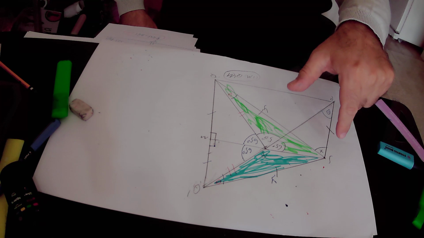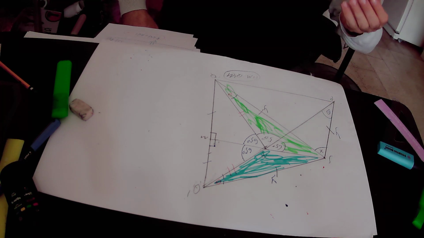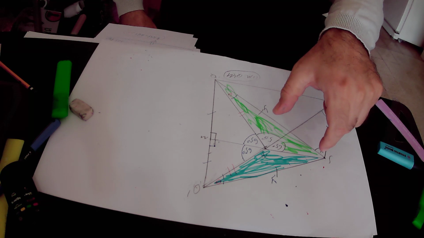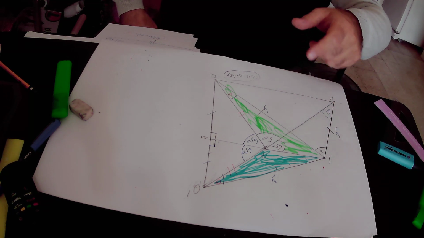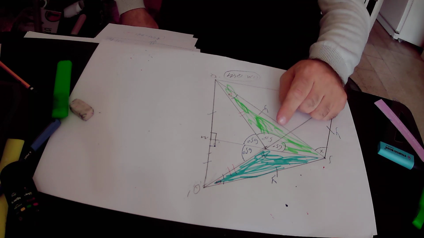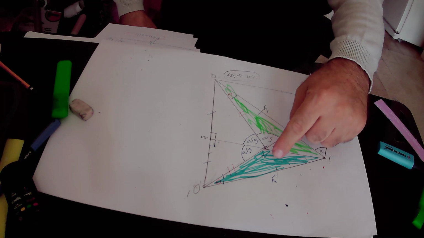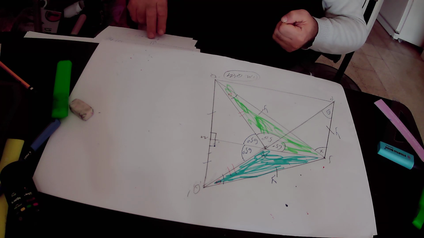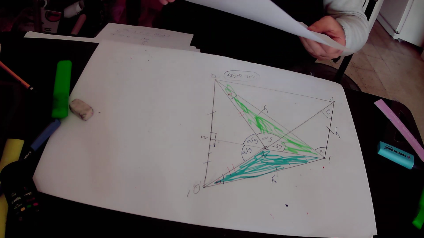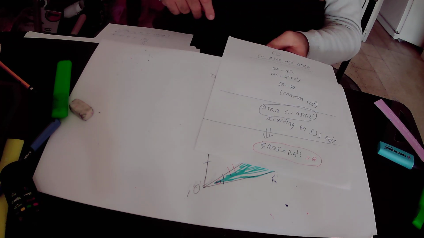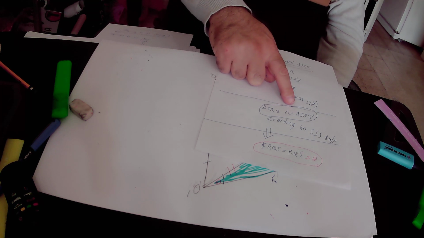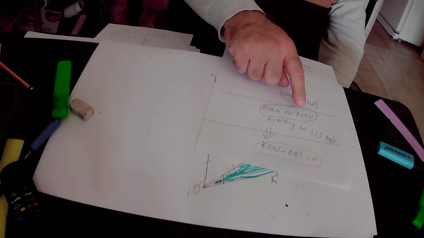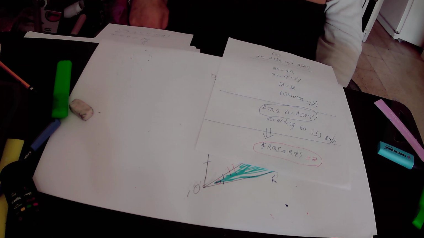So SR is equal to SR because it belongs to both triangles, so it is a common side. So we actually proved that the green triangle SRQ is congruent to the blue triangle SRQ dash according to the side rule.